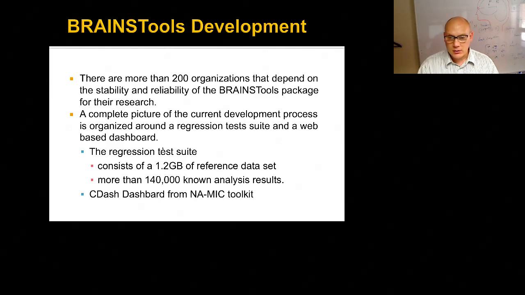If the known analysis results happen to change, we go and look at them carefully, try to identify why they've changed, and determine whether that change is something we need to alert our user community with, or develop a way to preserve the old results. This dashboard is developed around the CDash dashboard from the NAMIC toolkit.